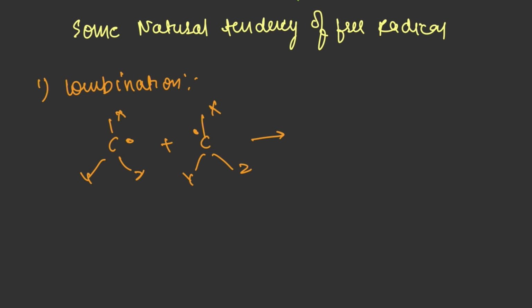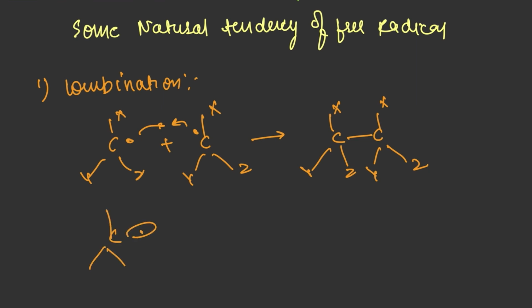C, X, Y, Z with X, Y, and Z. That's how they combine, because they have a free radical, that's why they have 7 electrons. They try to make it 8 electrons.